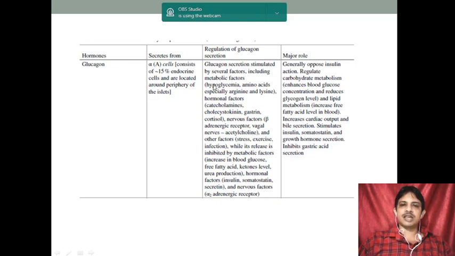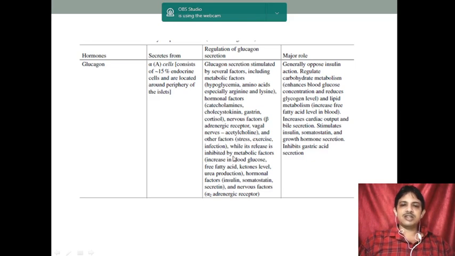Metabolic factors like hypoglycemia, amino acids, among the amino acids arginine and lysine. Hormonal factors: catecholamine, cholecystokinin, gastrin, cortisol. Nerve factors: adrenergic receptor, vagal nerve, acetylcholine. Other factors like stress, exercise, infection.